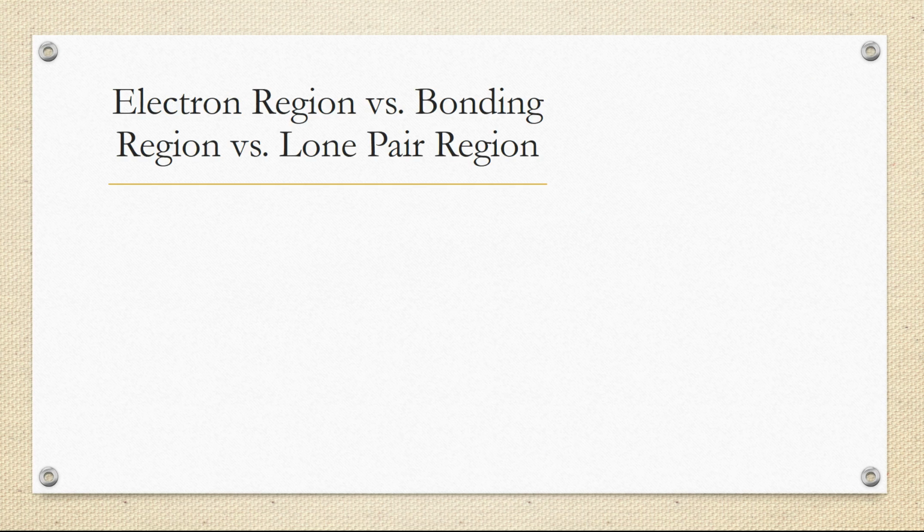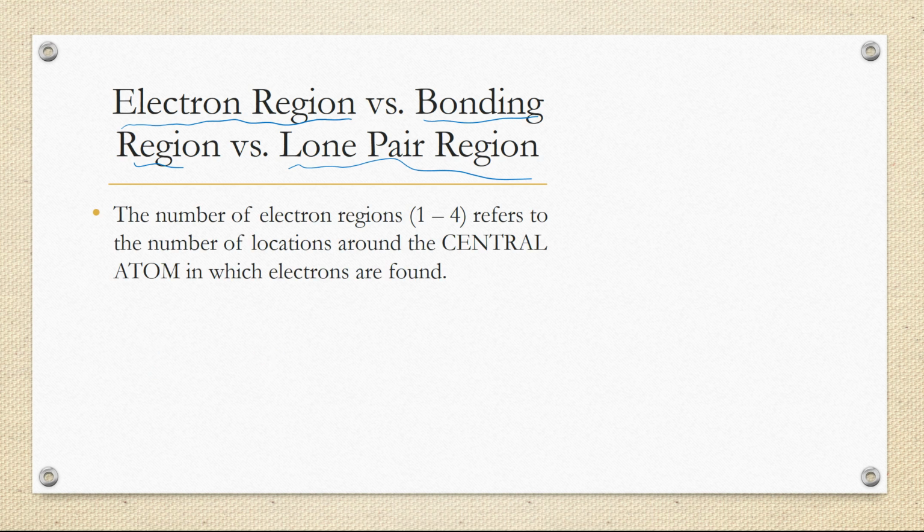In order to correctly identify our molecular geometry, we first need to differentiate between what's called an electron region, a bonding region, and a lone pair region. It's fairly intuitive, but there are a couple things worth clarifying. First, the number of electron regions will range from 1 to 4, at least for the molecules we draw.